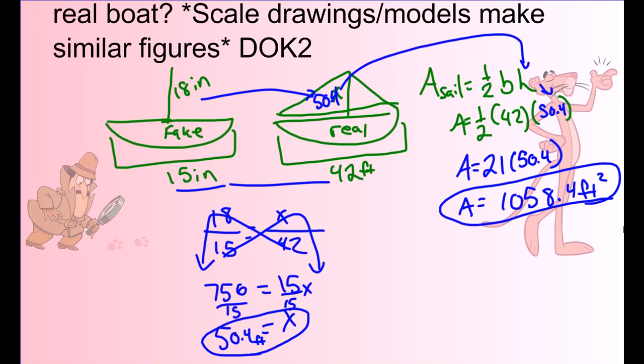And there we go. We've now found the area of the sail of the real boat using the area formula. We had to find the height because it wasn't given in the problem. We found the height because these are similar figures. We used a proportion.